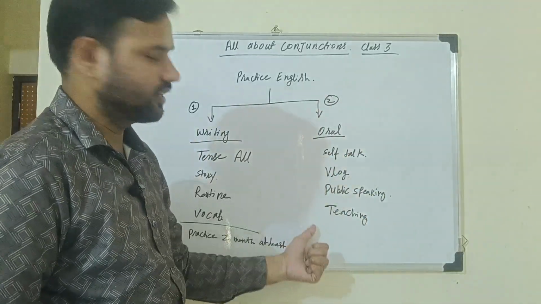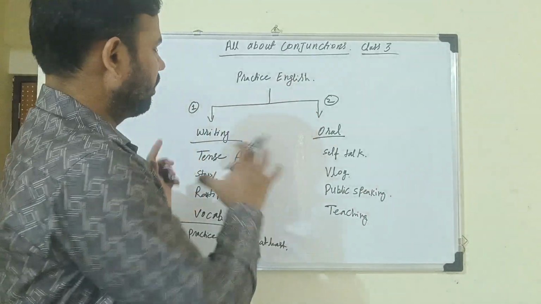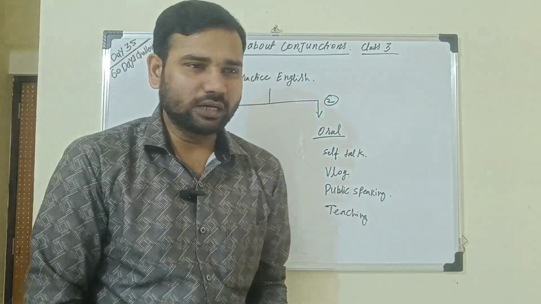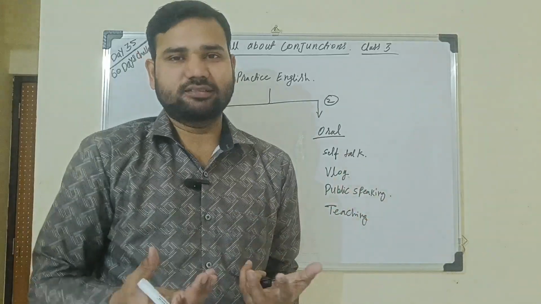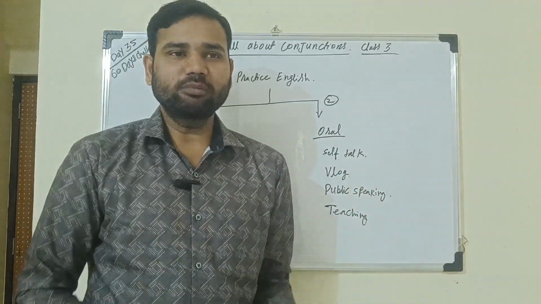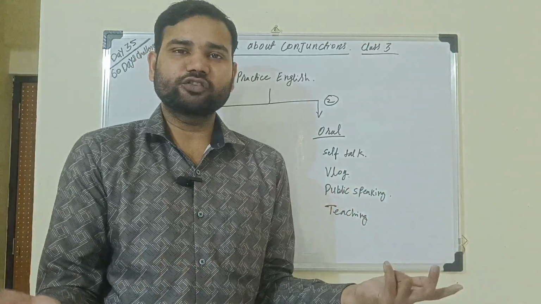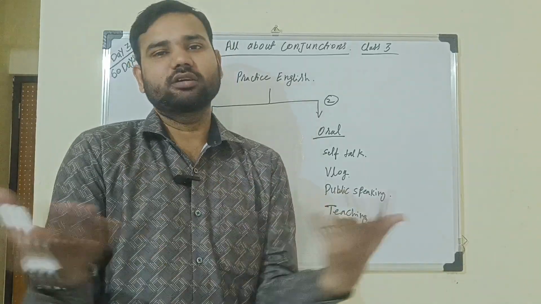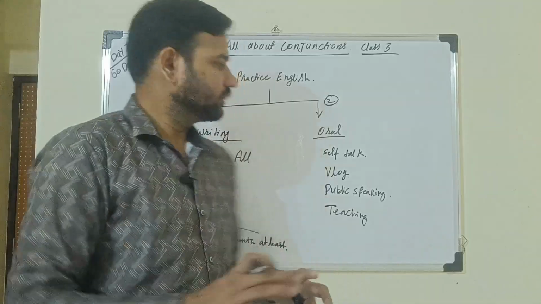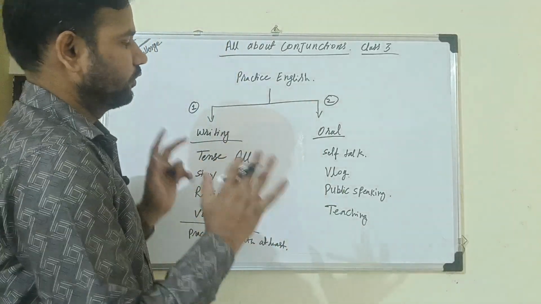Then you have to do all these things. If you are going to do all this practice in 2 months or 3 months, then you are going to just realize, like, yes, now I am able to speak English freely, with confidence. I can communicate with anyone. So this was about the practice of spoken English.